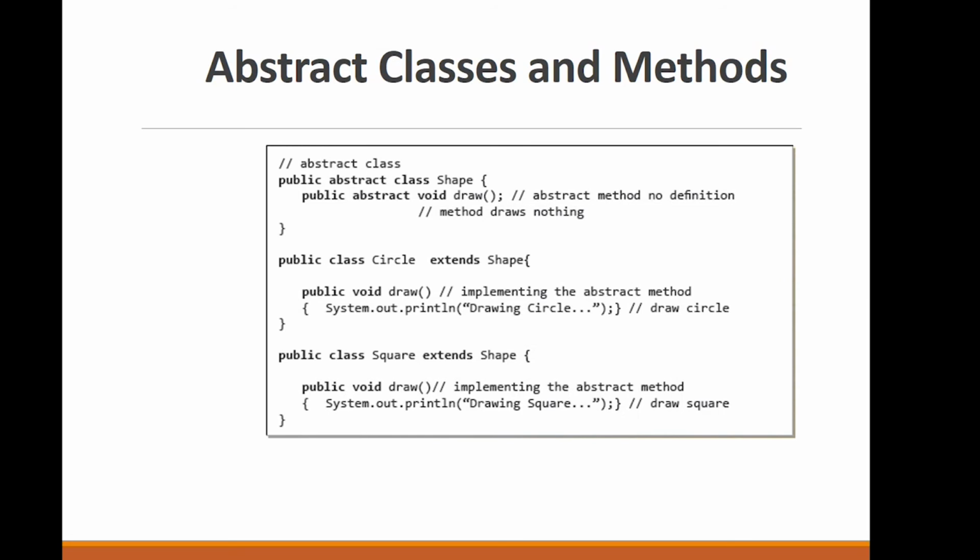Circle class with Shape. As you can see here, not much happened. Since we made the draw method abstract and Circle inherits Shape, same with Square, they are now required to have a method called draw.